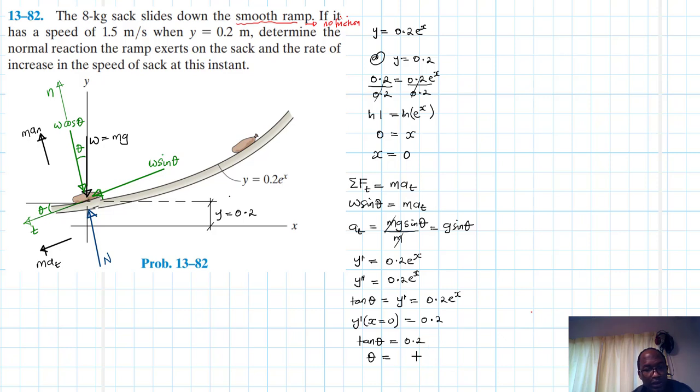This gives us 11.31 degrees. So we found the angle. We have found the angle. Once we have this angle, then we can move on.